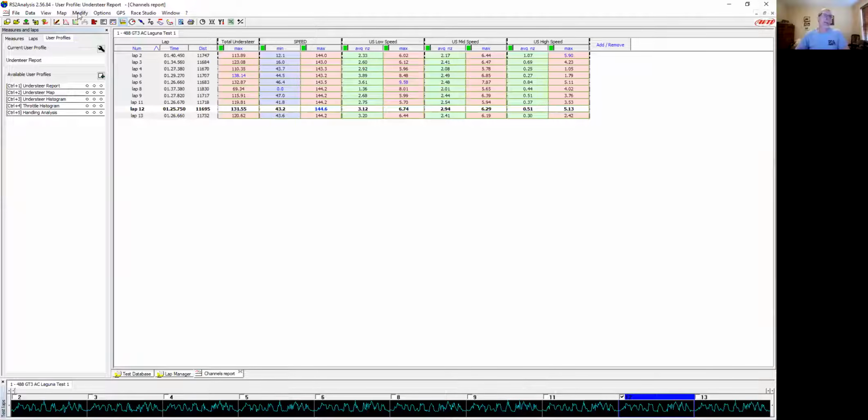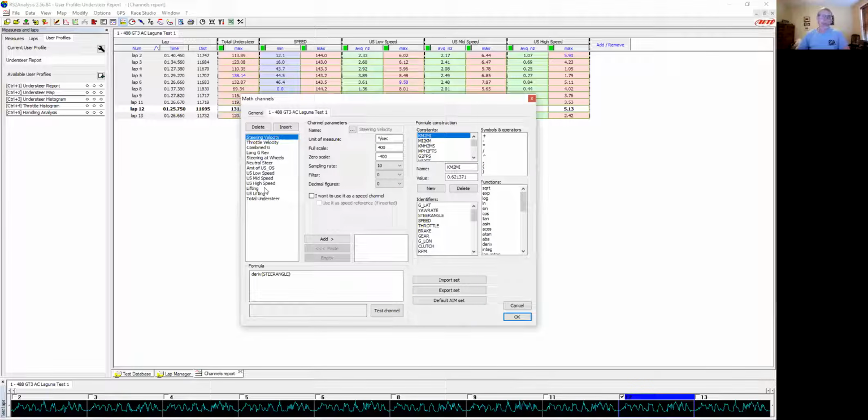First of all, I'm going to bring up the math channels that I'm using, just so that everybody knows what we're looking at here. I've got steering velocity, which is a good way of looking at what the driver is dealing with on his steering wheel. Throttle velocity, that's going to be used in a future math channel. Combined G's, I think everybody knows what that is. Reversing longitudinal G. Steering at wheels, this is what I was talking about.